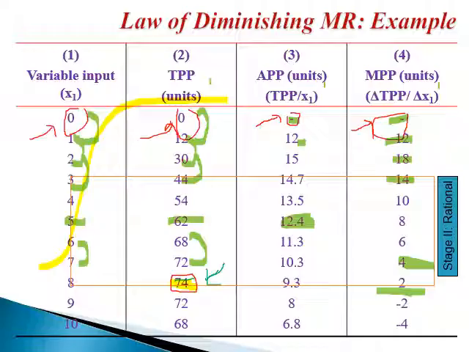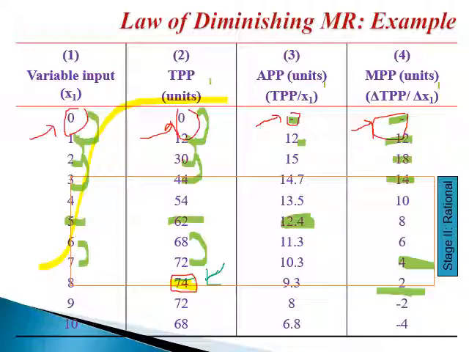Likewise, you will do the same thing for MPP when you graph it. When x1 is equal to 0, it is undefined, so you cannot do anything about it. When x1 is equal to 1, MPP is equal to 12.